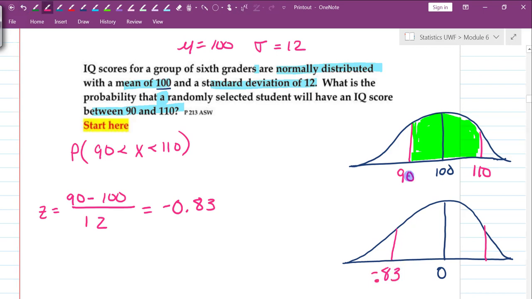Now the next thing I need to do is standardize my 110. So I need to find out how many standard deviations away from the mean is the value 110. That's what the z-score, z-value is giving me. So this is going to be equal to 110 minus 100 divided by 12. And we can bring up the calculator again, and we'll hit clear.